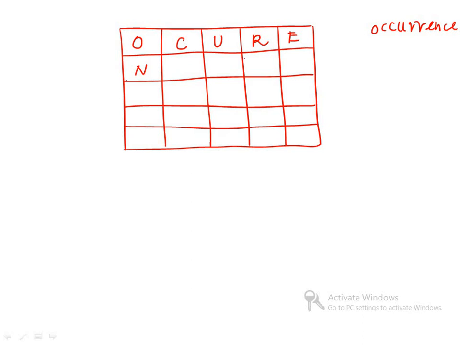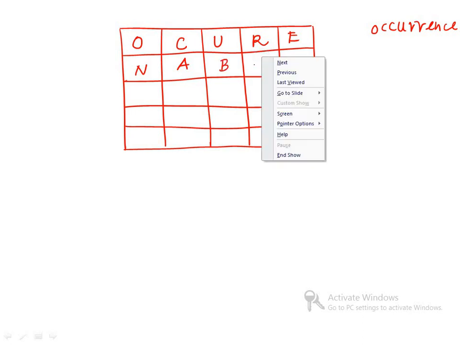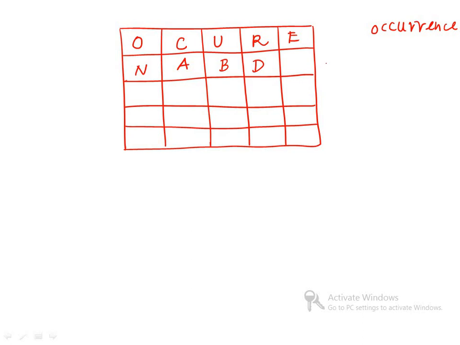Next. People at the back, can you tell me the next entry in the table? Okay. C and E have already appeared in the first row itself, so we don't need those. So we start with A, B, D. Next entry after D?